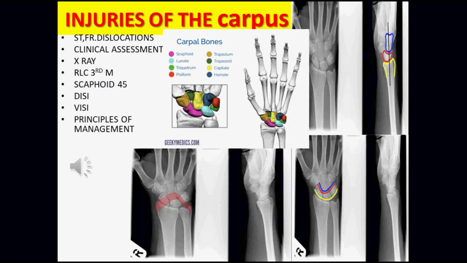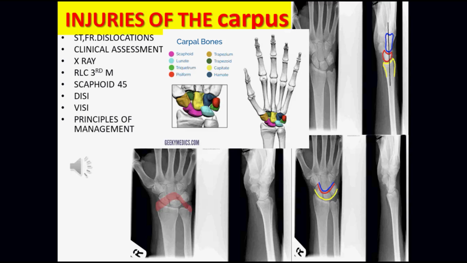Also, the scaphoid will form an angle of 45 degrees between the two bones, and there are two concepts: dorsal intercalated segment instability and volar intercalated segment instability. This indicates the position of the lunate, whether it is tilted dorsally or ventrally, according to which ligaments connected to it are injured.